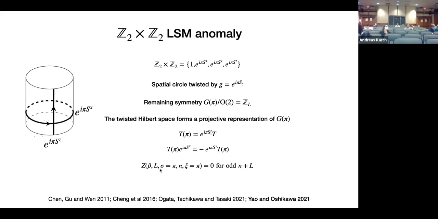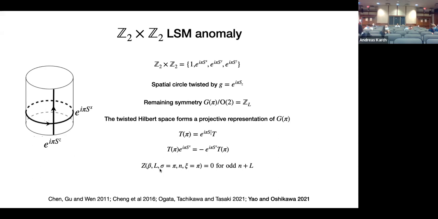But now, because the translation again picks up this additional e to the i pi Sz on one side, the translation anti-commutes with e to the i pi Sx that we insert in the time direction. So what it means is that when we put in a pi Sz defect, the Hilbert space transforms projectively under the twisted translation and the pi rotation of X. So you get a projective representation of the remaining symmetry group, which involves the translation.